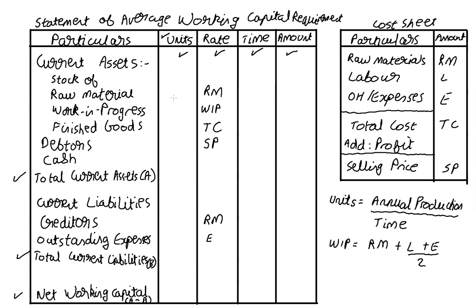Now, as far as cash is concerned, most of the time we get a number which is directly put in the amount column. Current assets, you will take a total. Current liabilities, you will take a total. Subtract current assets and current liabilities to get your net working capital. With that, you'll be done with the answer.